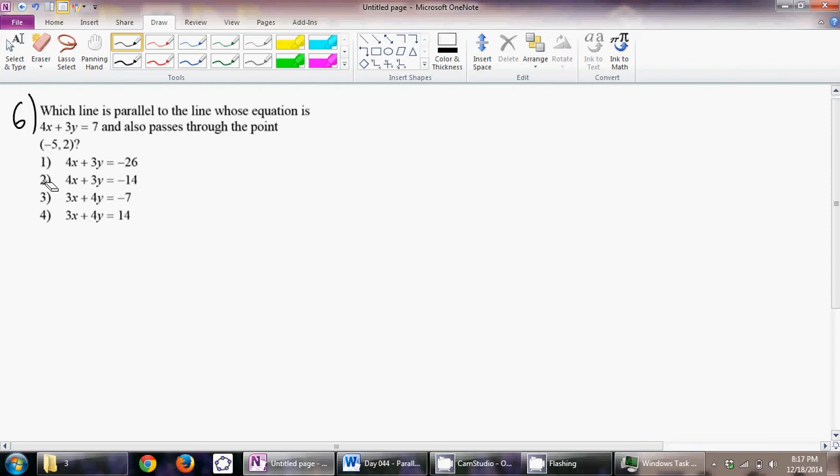Which line is parallel? Parallel. So I know I want the same slope, equal slope. And they want a line that's parallel to this thing. Okay, so 4x plus 3y equals 7.